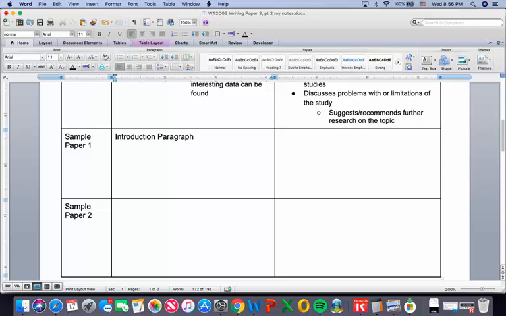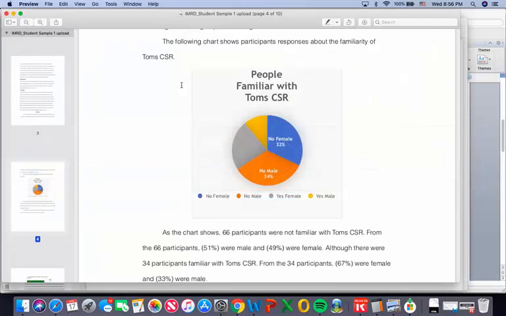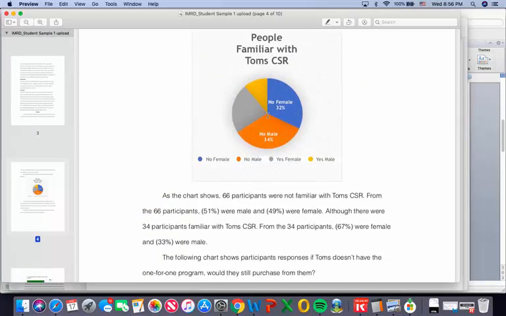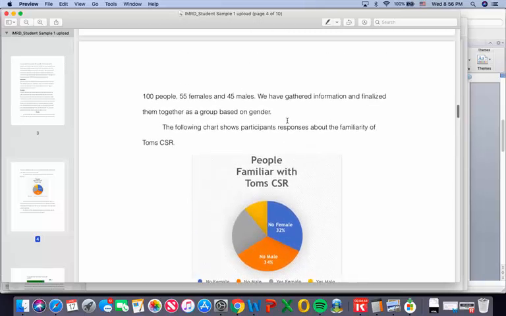So we've got an introduction paragraph, and then one of the body paragraphs. This body paragraph is going to be an introduction, chart and/or graph, whatever kind of data visualization that you choose to use, and then description of the data. If you've read it, you can see that it's basically just describing the numbers and the percentages.